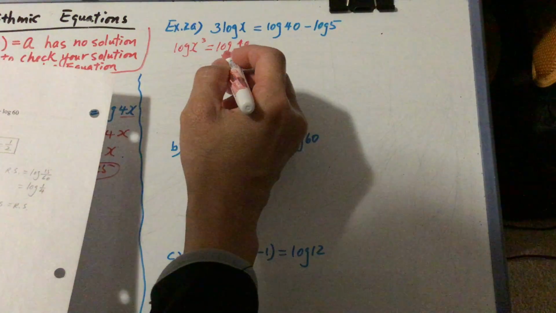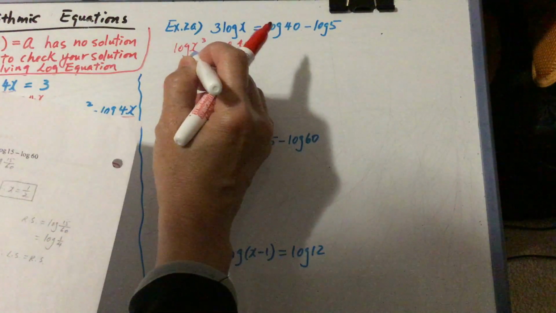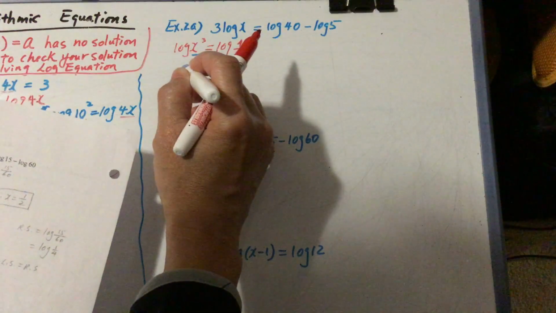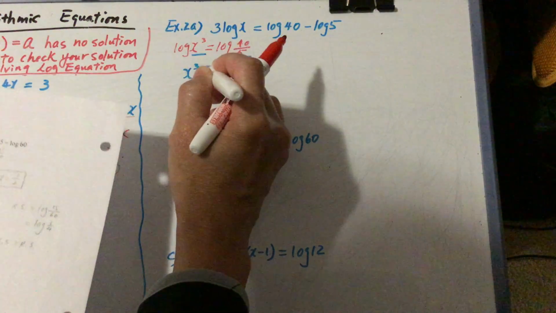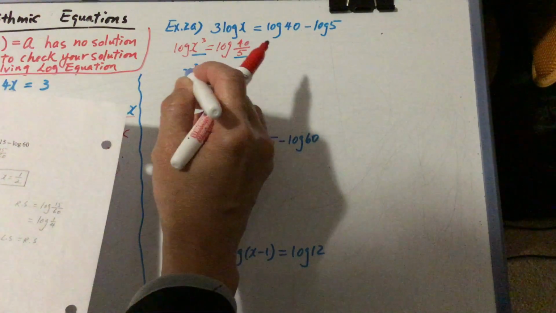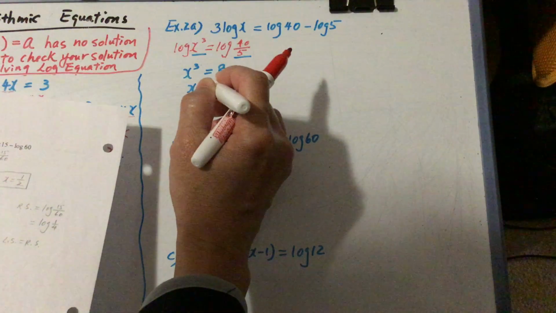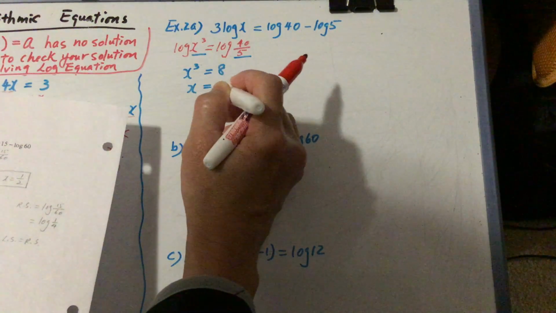Because they're both in the same base, I can say this must be equal to that. So x to the power of 3 must be equal to 8. And the cube root of some number equal to 8, then that number must be equal to 2.